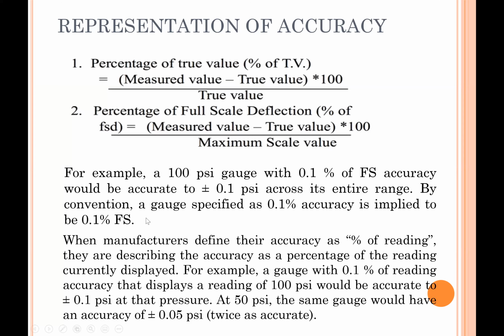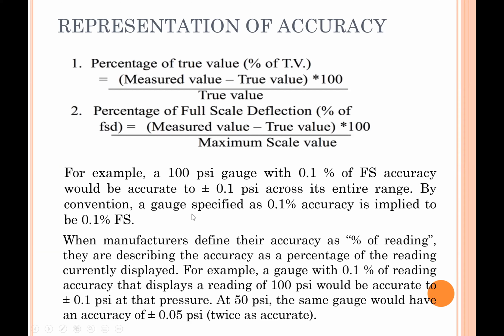That means that entire range के लिए उस particular gauge में plus minus 0.1 psi का error हो सकता है. ठीक है, आप उसमें चाहे प्रेशर 1 हो, 10 हो, 90 हो, 40 हो, कोई भी रीडिंग लोगे from 0 to 100, there might be an error of plus minus 0.1 psi. So that is called 0.1% of full scale accuracy.